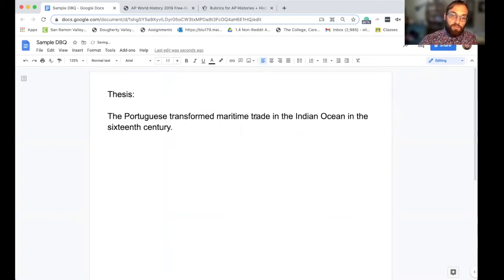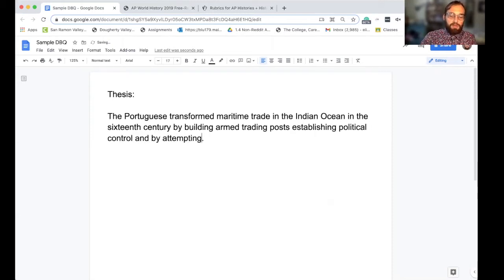The Portuguese transformed maritime trade in the Indian Ocean in the 16th century by building armed trading posts and establishing political control, and by attempting to control the flow of trade goods in the Indian Ocean. And there you go. We have a thesis that responds to the prompt.